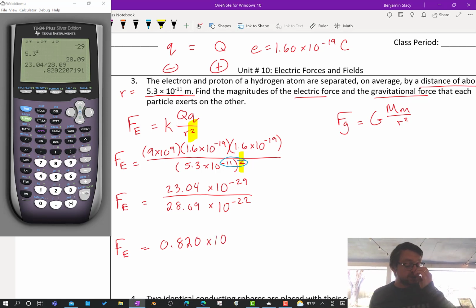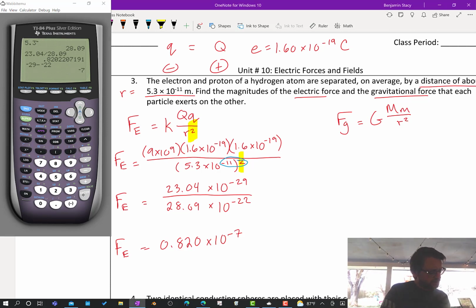Now I've got minus 29 divided by minus 22 in the exponents. So we're doing what? Subtracting, so that's minus 29 minus negative 22. Because we're subtracting, we've got times 10 to the minus 7. That is the force that should be in newtons. We can put this one in the correct format for scientific notation.